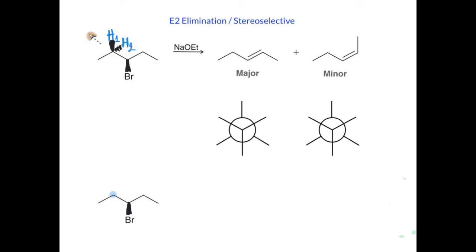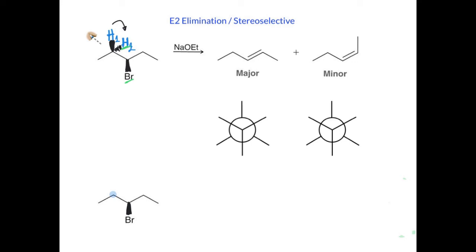We can clearly see from the beginning that the bromine of the alpha carbon is on a wedge and the hydrogen 2 of the beta carbon is on a dash, and this is the ideal position to have an E2 elimination reaction. However, for the H1 we need to rotate this to bring it in the position of H2.